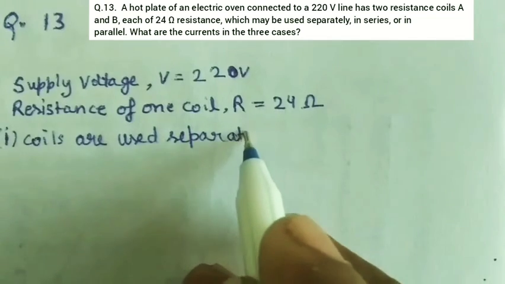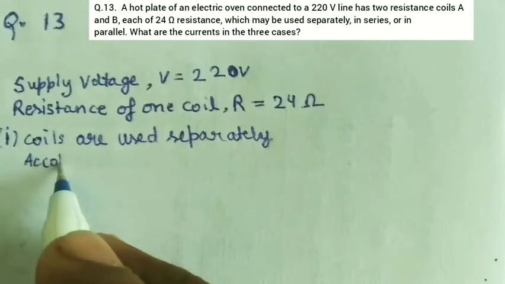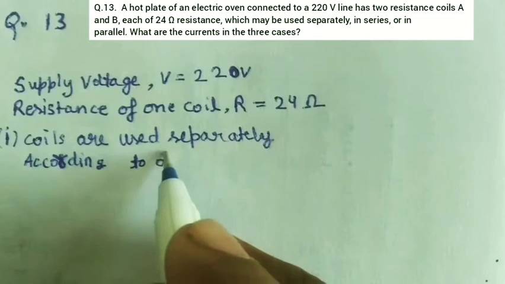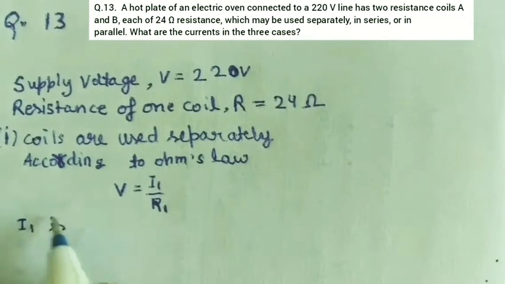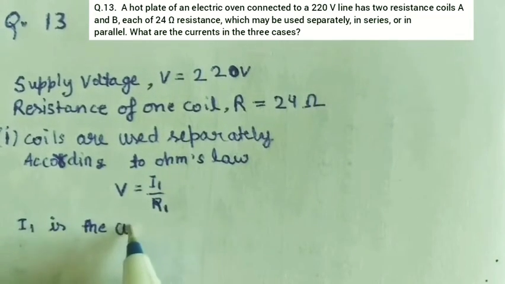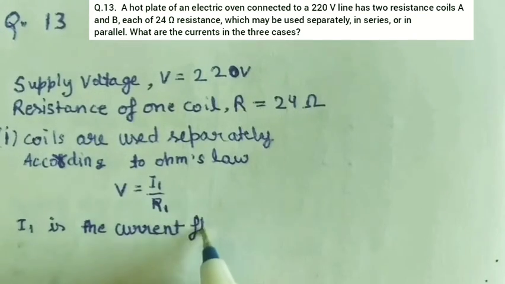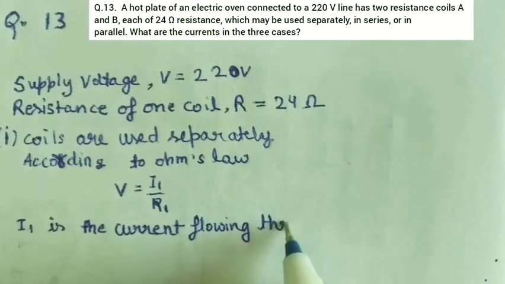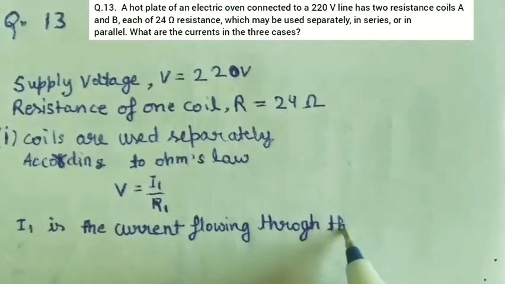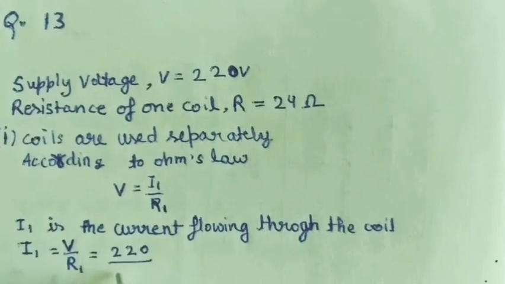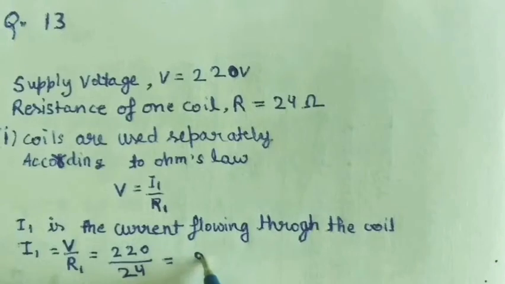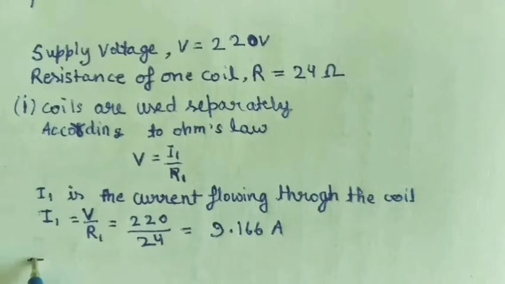First, coils are used separately. According to Ohm's law, V is equal to I1 upon R1. I1 is the current flowing through the coil. I1 is equal to V by R1 is equal to 220 upon 24 is equal to 9.166 ampere.